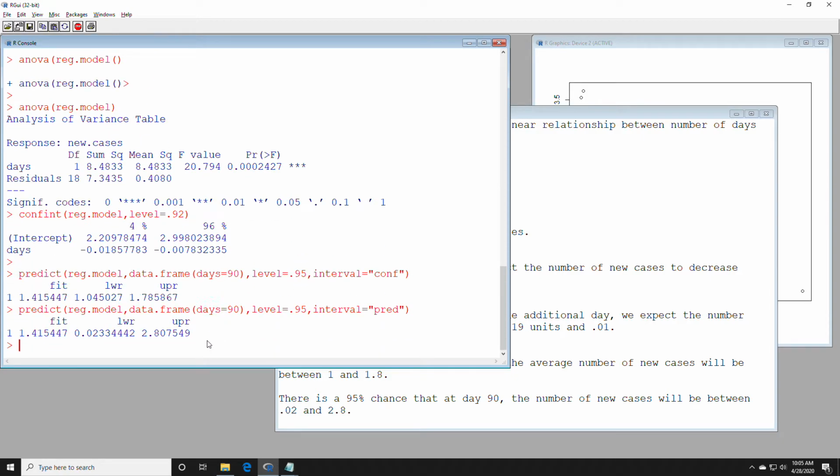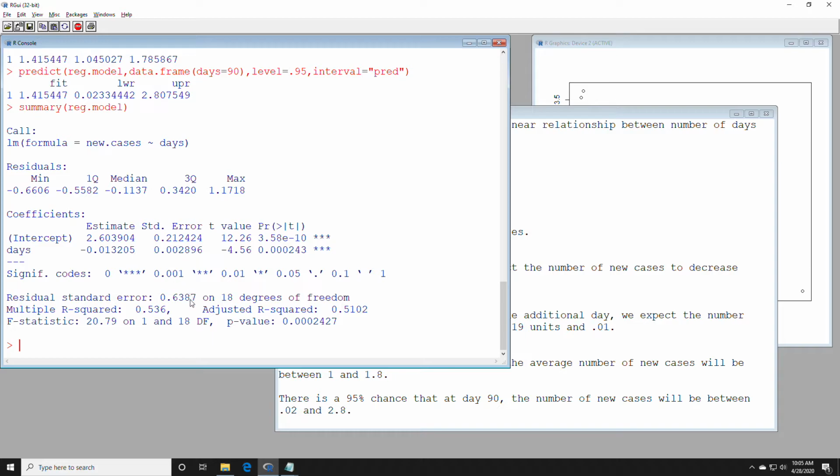All right. What about summary? Okay, summary of reg.model. We can go ahead and assume alpha is 0.05, which you should assume unless I specifically tell you otherwise, which I may or may not.